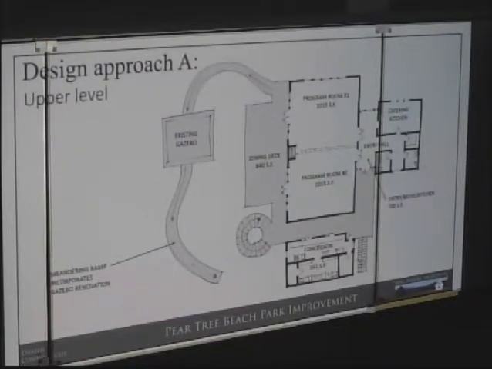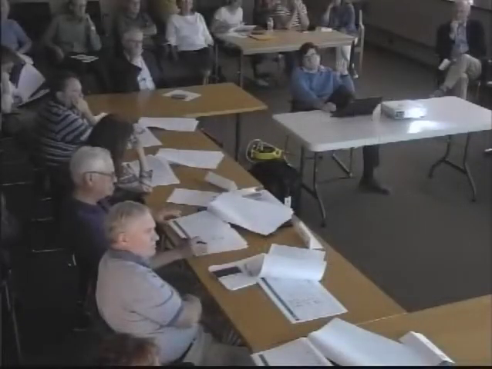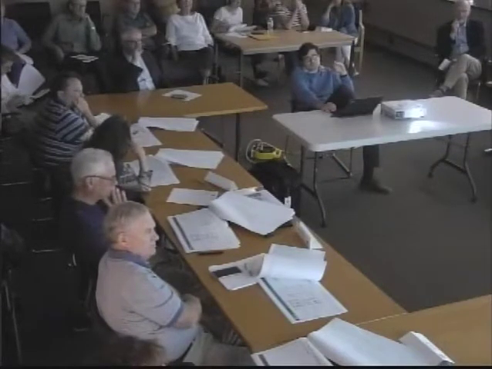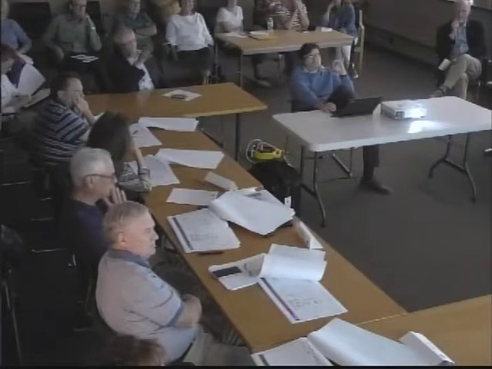So the area inside these dotted lines on the first floor then is all sort of like covered porch? Correct. And then what's under there, because that's quite a bit of space, what's the thought around that? My thought was that down below the dining deck, that could be another dining deck at grade that's shaded.